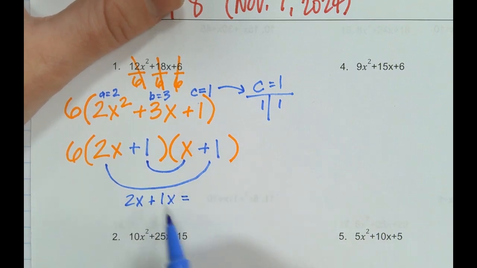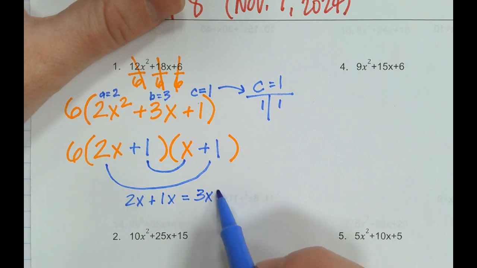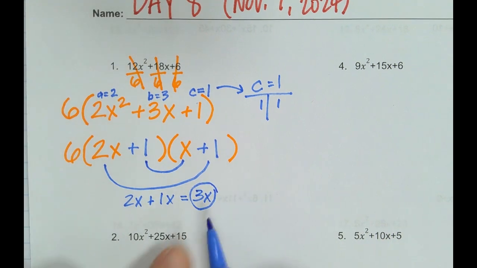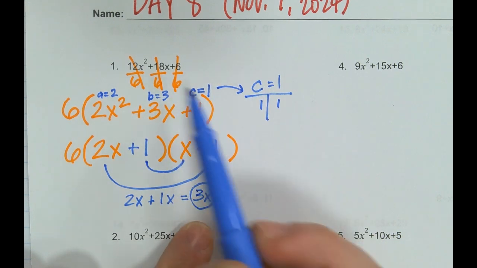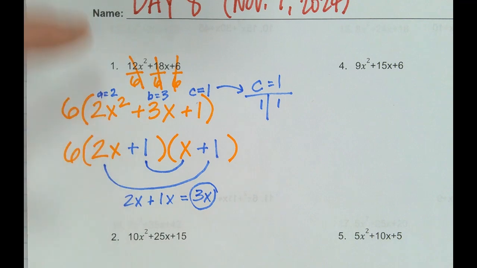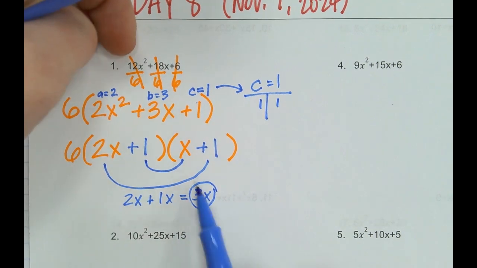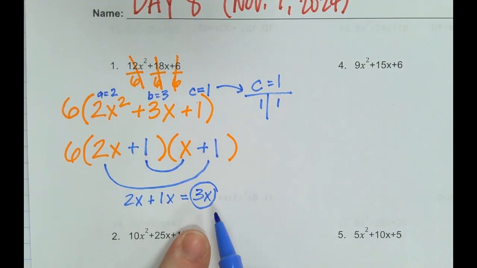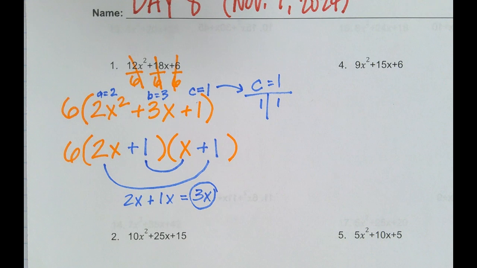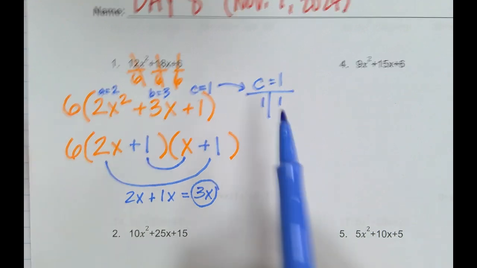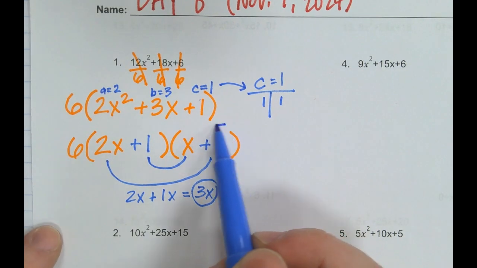So I do 2x plus 1x is 3x. I'm going to be comparing this 3x to the middle term right before, to my new b. Not to the original one, just to the one previous. And in this case, this matches my previous expression. My new b, my new middle term is 3x. So this is my answer.